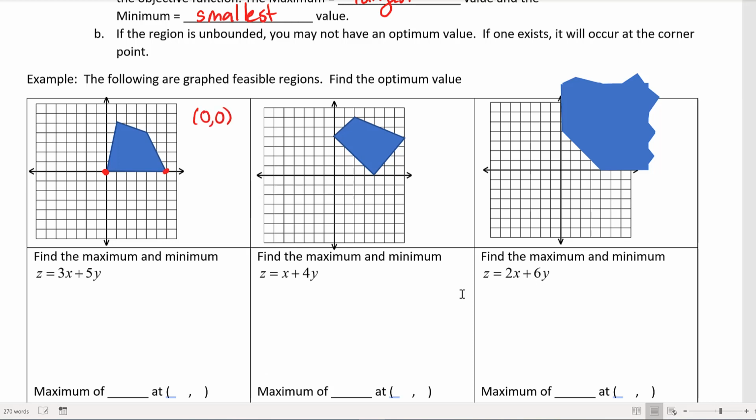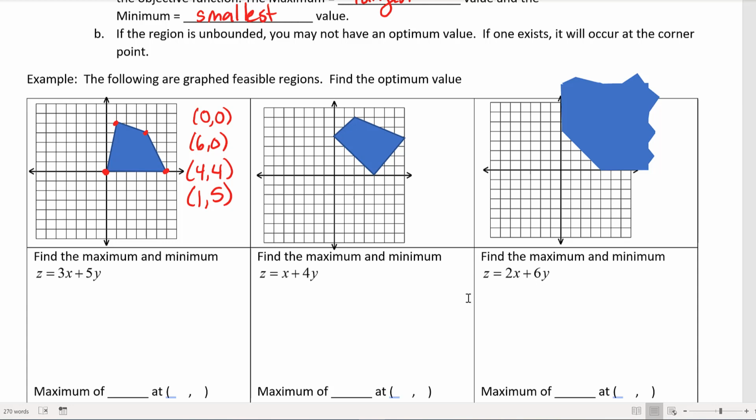I see a corner point over there at 6, 0. Another corner point right here, which is 4, 4. And then our last corner point, which is at 1, 5. It doesn't really matter what order you list these in. You just need to have all of the corner points.